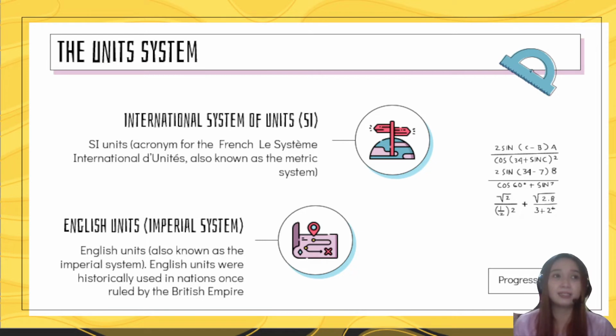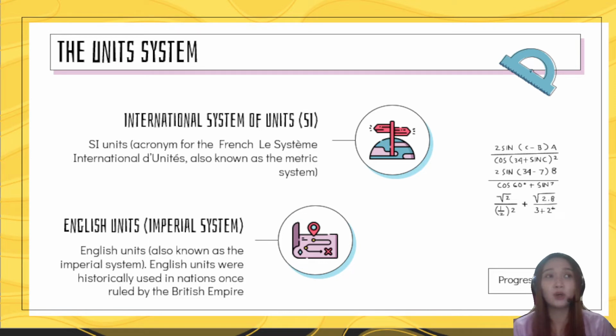Okay, so for example, you have a friend which is a Korean national and you have another friend which is a Filipino. Okay, so how do your two friends from different countries would communicate to one another? So we have to translate the language. Okay, so just like units of system, we have two classes of units of a system, the SI and the imperial.